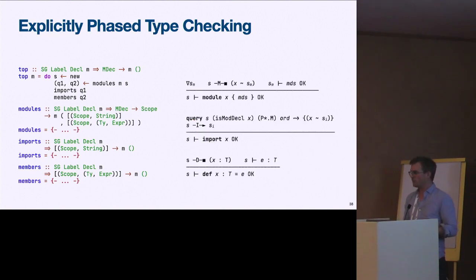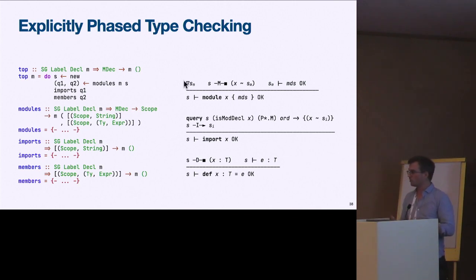But it's not at all obvious how this is connected to a declarative specification that I could write for my module language. So here is a declarative specification using scope graphs shown on the right here. A module here is well typed according to this typing rule whenever I have a module scope that exists in the graph, that's what this nabla here represents.